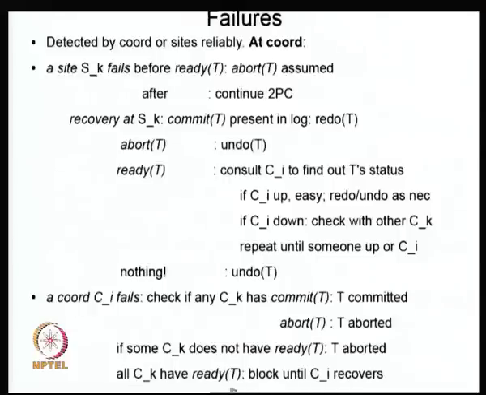So this is the blocking situation that people talk about when they say the two-phase commit protocol is blocking. The reason is that everybody else is ready to commit, but the party who is trying to make the transaction commit as a whole, that party's state itself is not known. Because that state is not known, you have to wait till the coordinator recovers. If it recovers, then you can proceed, otherwise you can't.